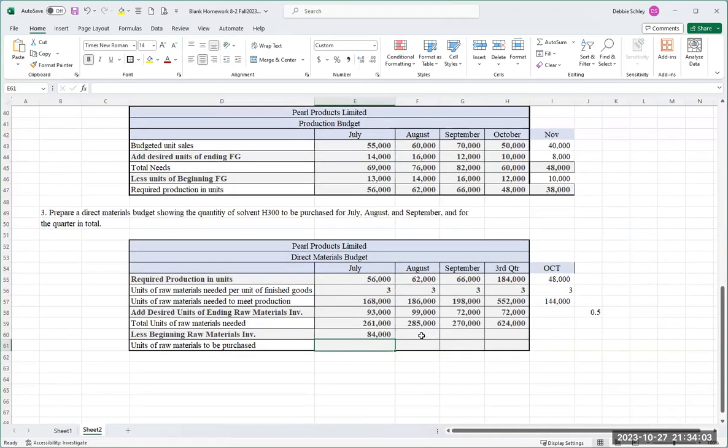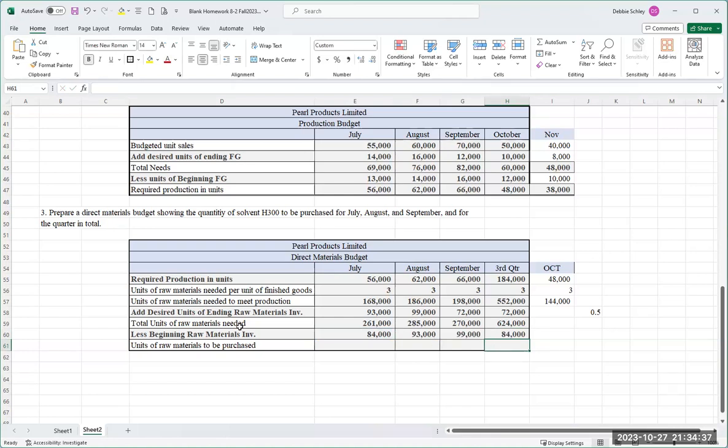Okay, let's see if I can get this right. Beginning August is the same as ending July. Beginning September is the same as ending August. Now, third quarter beginning is going to be the same as the beginning of the first month in the quarter.